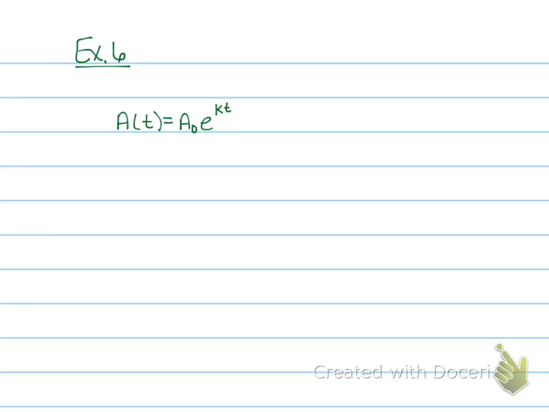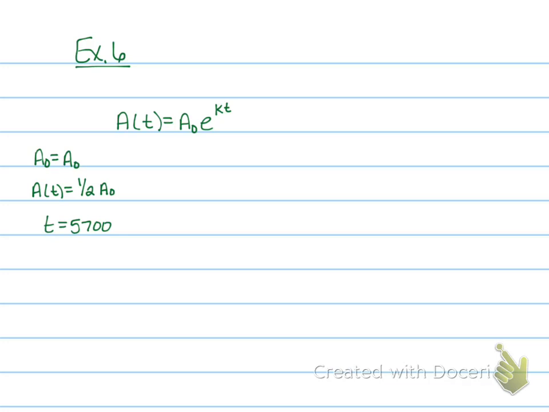We're talking about the half-life, and we don't know how much we started with, so we're just going to let it be our beginning amount. But if we're doing the half-life, we know that half of the beginning amount is left after t years. So A of t is going to be half of the original amount, and t is going to be 5,700 years because we're talking about the half-life.